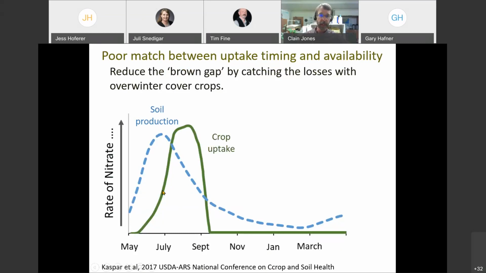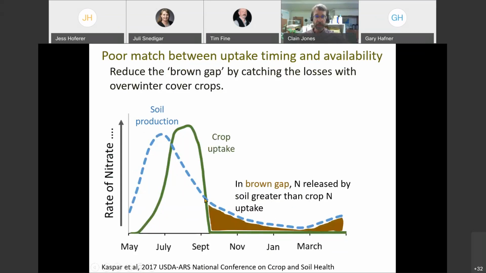If crop uptake occurs in a shape that looks something like this, you can picture this might be an area where there's a decent time for leaching, and then this is an area when there's a decent time for leaching because there's no crop uptake.